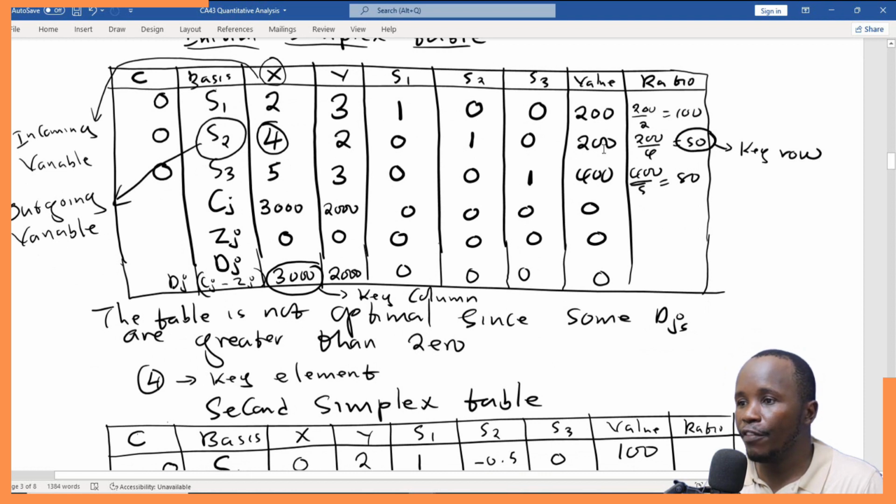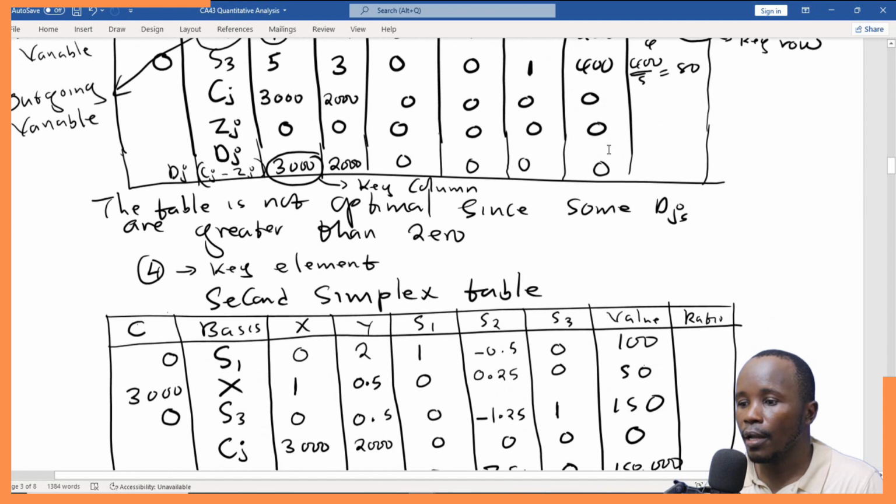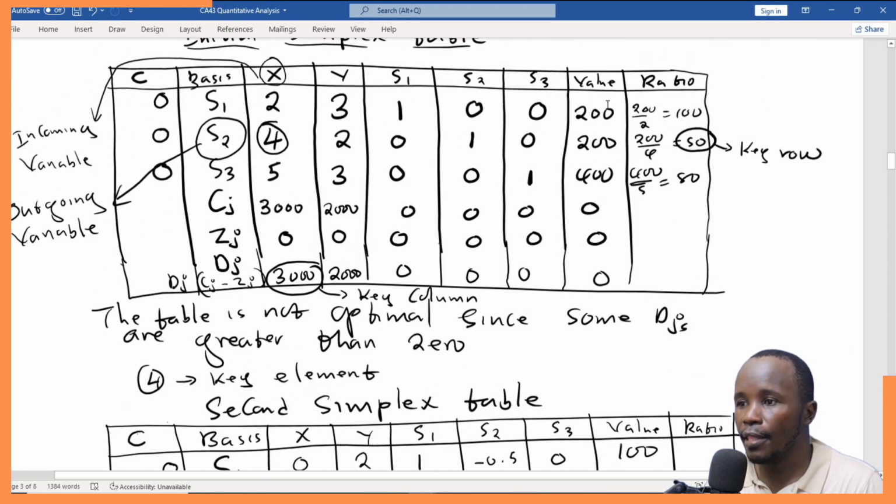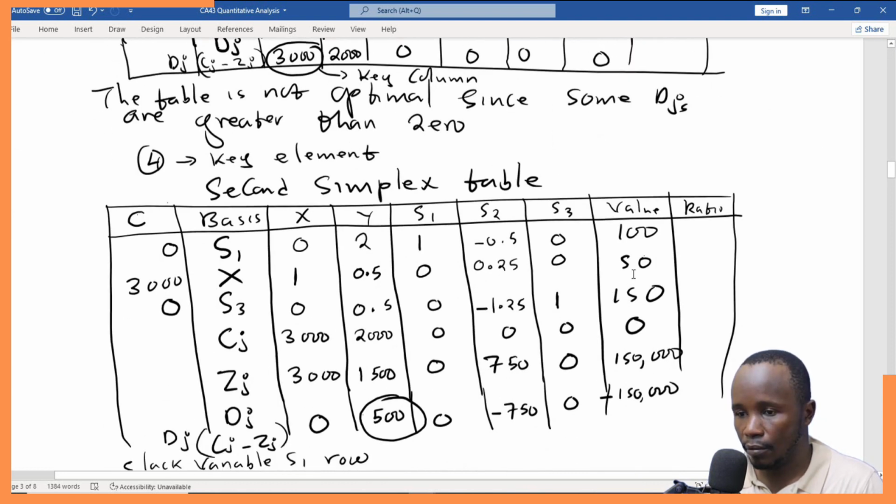When we were looking for these values here, we divided this one by 4, so that we obtain 50. I hope it's clear up to that point.